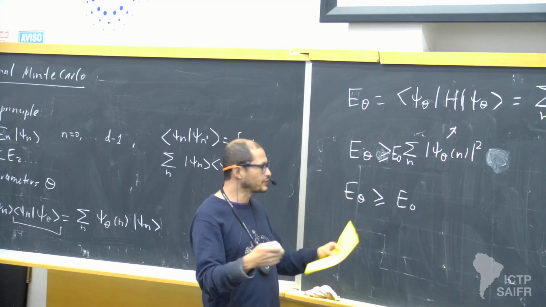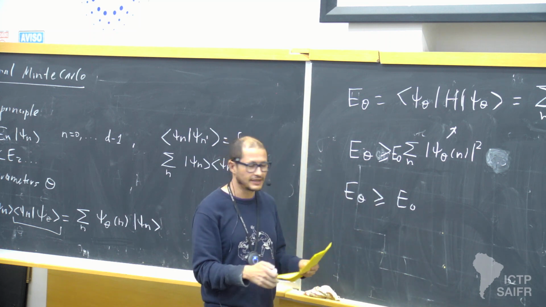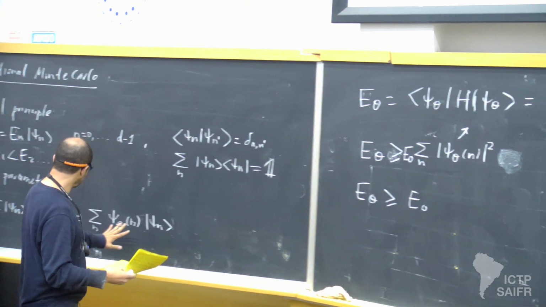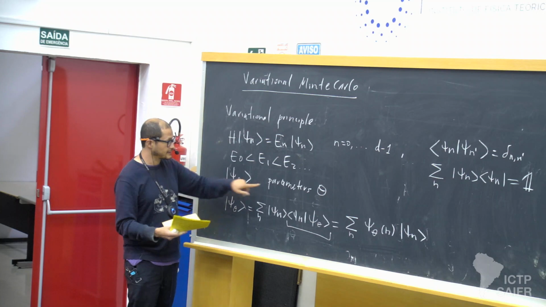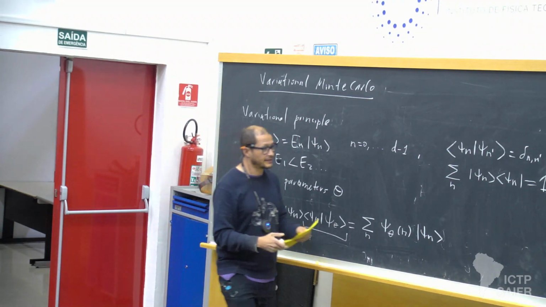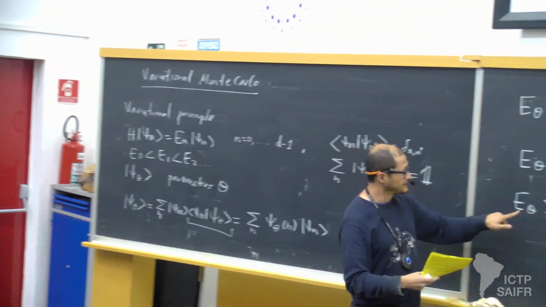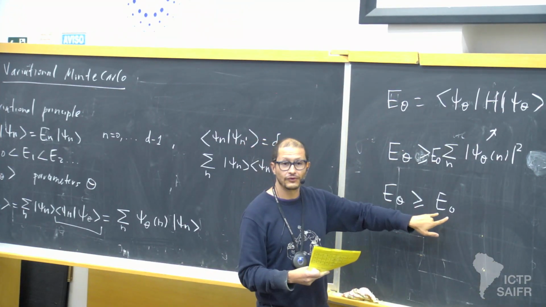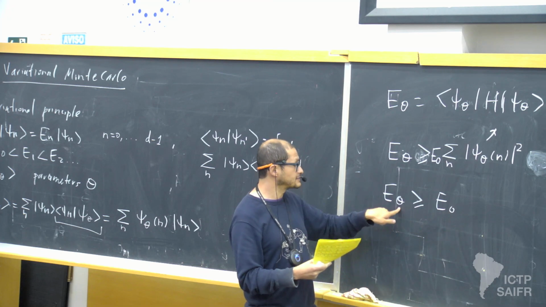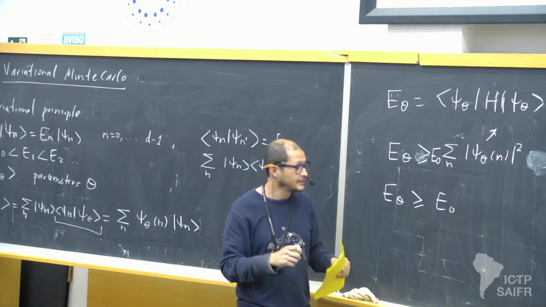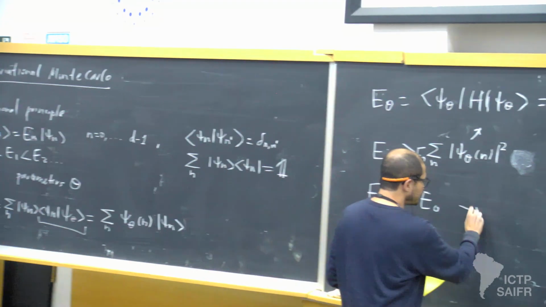But how can we use this, right? What we usually do is we have a quantum state that has some parameters, okay? And we try to find the wave function that's closest to the true ground state by minimizing the energy E(theta) with respect to the parameters, right? So that's what we will do.